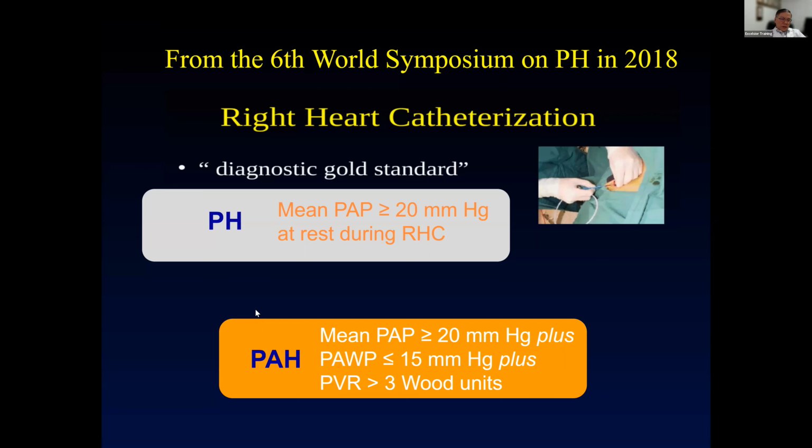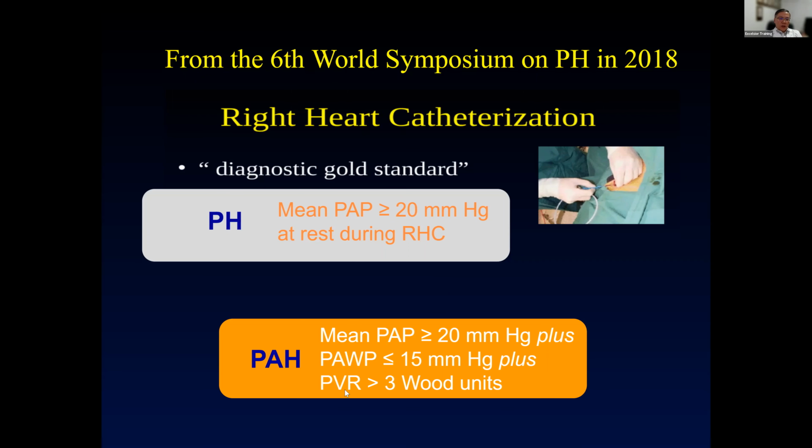The criterion for diagnosing pulmonary hypertension is a mean PA pressure of greater than 20 millimeters of mercury by right heart cath, not by echo or any other means. So the gold standard is really the right heart cath.